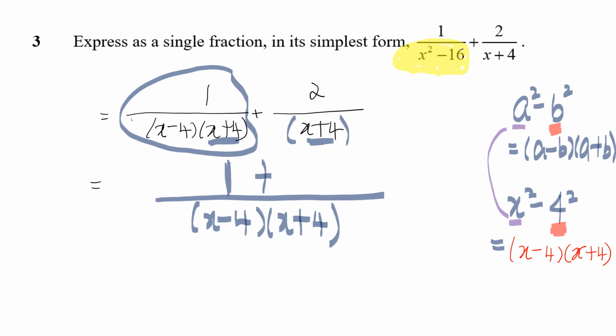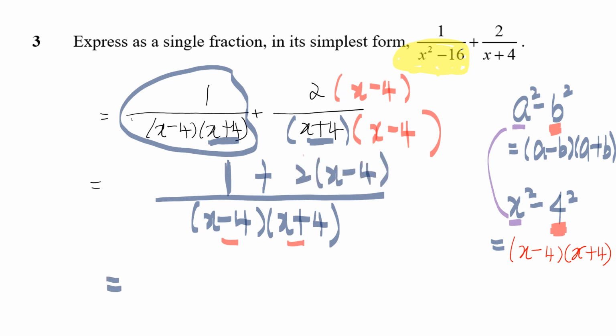But for this guy, what is lacking there? If you compare, I'm supposed to have 2 brackets, right? Bracket 1, bracket 2. So this guy only has bracket 2. So I need to multiply with bracket 1. Okay, so this becomes 2 bracket x minus 4.